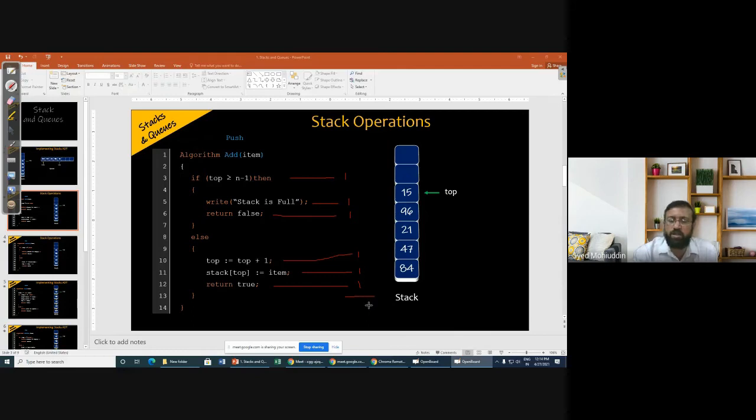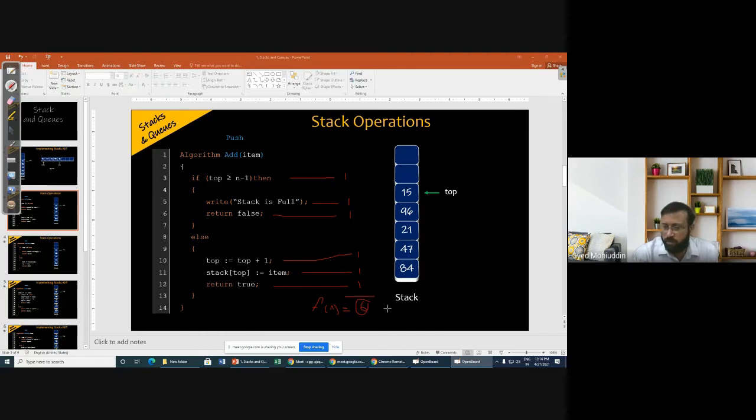So what is the total? 1, 2, 3, 4, 5, 6. So here we have 6 as the total. If we consider this as a time function f of n equal to 6, what is 6? This 6 is a constant.